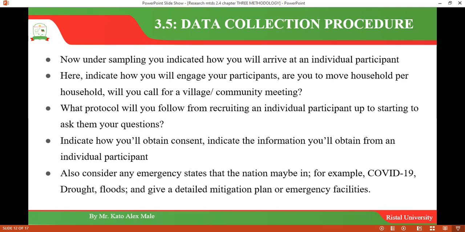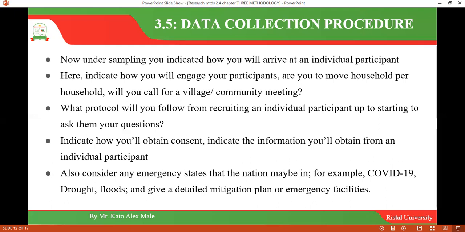So if you're going to conduct this study and perhaps there are floods ongoing in an area, how will you ensure that your participants are not at risk of falling into that emergency, into that drought, into that flood? If it is coronavirus disease, how will you ensure that your participants are not going to contract the disease? Or even you, the investigator yourself, how are you going to ensure that you're not going to contract the disease and perhaps spread it to other areas where it is not existing? You must tell us all of these measures for us to ensure that we can give you a go ahead into your research.